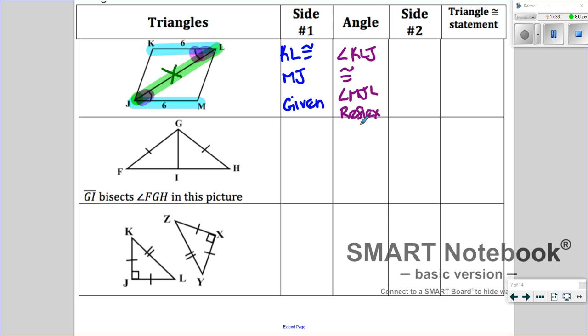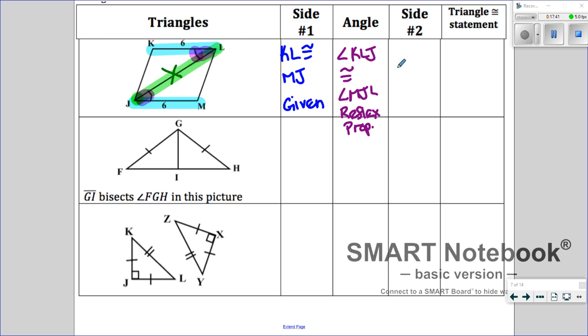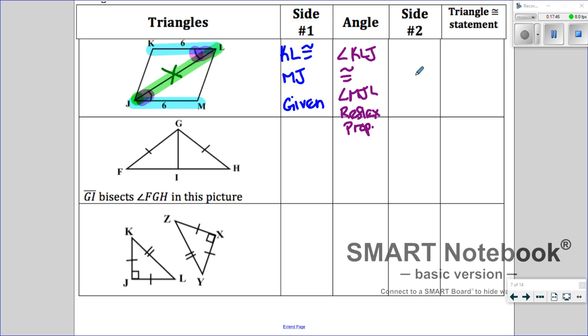So I'm just going to put reflex prop. And then the last one for the side is going to be JL congruent to LJ because, oh, this one's supposed to be the reflexive property. This is the reflexive property.